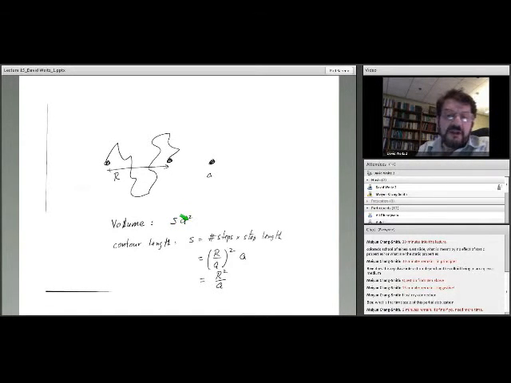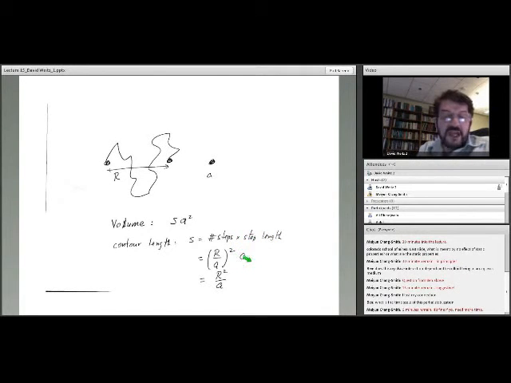The number of steps, since it's a diffusive process, is just this radius squared divided by the step size, which I'll take as the particle size. So it's the radius divided by the particle size squared, times the step length, which I'll also take as the particle size. This gives me the contour length as this radius squared divided by the particle size.